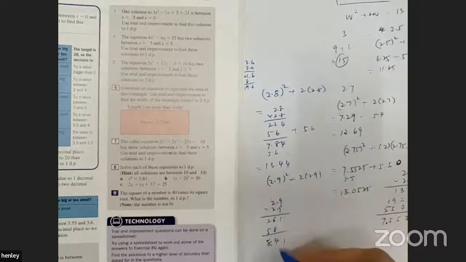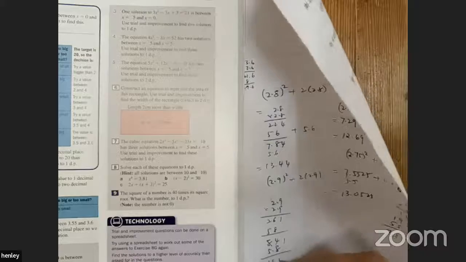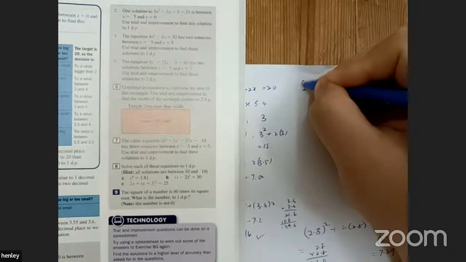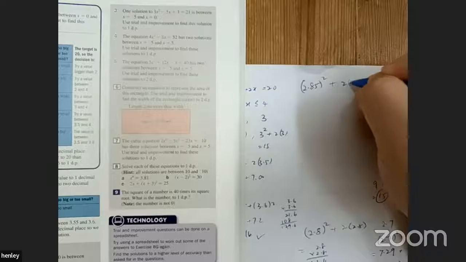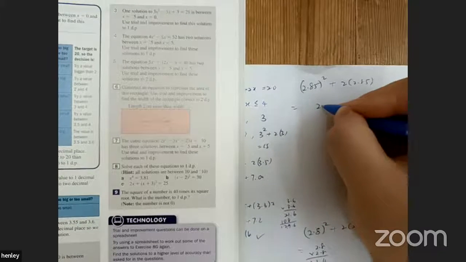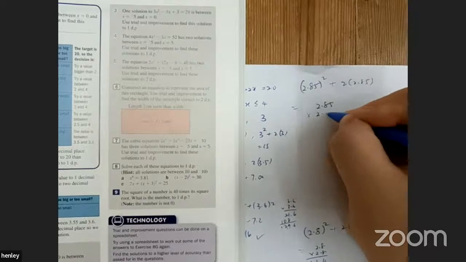Plus 5.8. So it's 14.21. Yeah, this is exceeding. So I think now only we should try 2.85. It is equal to 2.85 times 2.85.